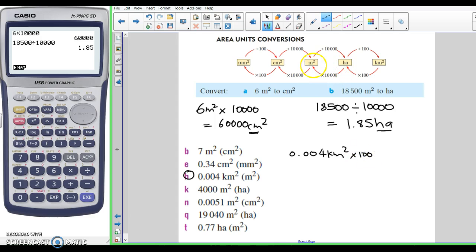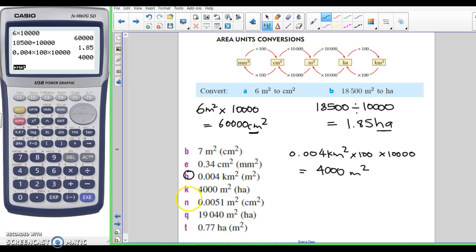We then times the next one by 10,000. Do it all together. So we've got 0.004 times 100 times 10,000. And you get your answer of 4,000 meters squared.